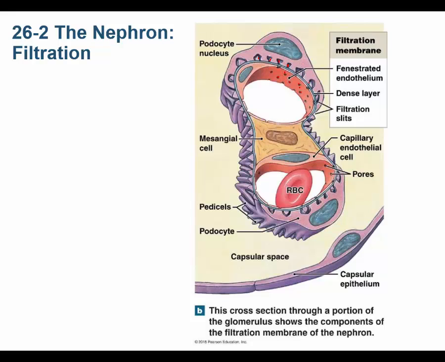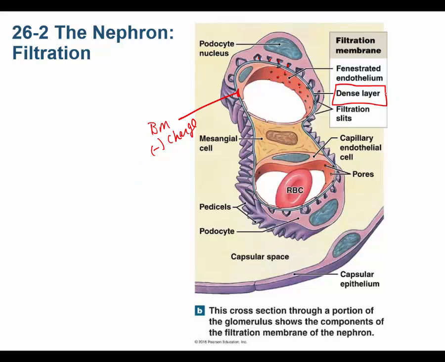In addition, if you look right here, I have this basement membrane right here. And that's negatively charged. That means that not only does it have to be smaller than 90 nanometers to get through the fenestra, and then smaller than 9 nanometers to get through the filtration slits, but this basement membrane, by the way, is called the dense layer.